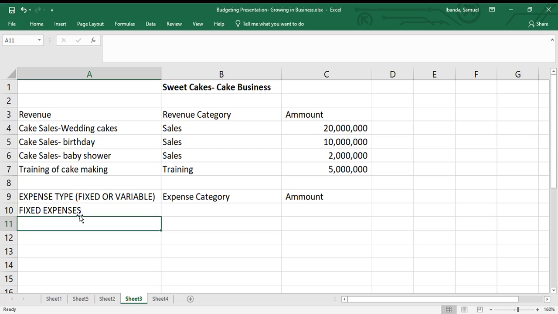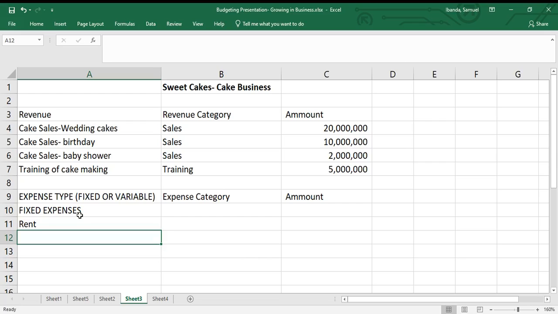on a monthly basis, whether you're producing or not producing. The first of the fixed expenses could be things like rent. Your rent, remember, is that expense you keep incurring. It is not determined by how many cakes you're making or whatever you're doing. So that's important.